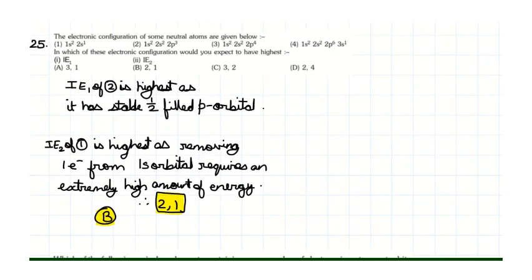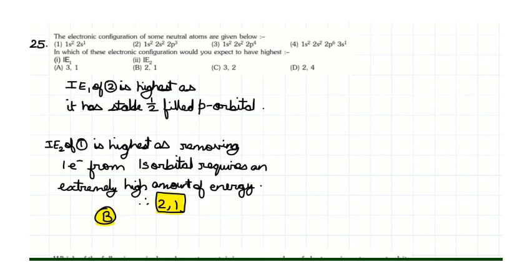In question 25, the electronic configuration of some atoms are given below: 1s2 2s1, 1s2 2s2 2p3, 1s2 2s2 2p4, 1s2 2s2 2p6 3s1. We need to find which electronic configuration would have highest IE1 and IE2.